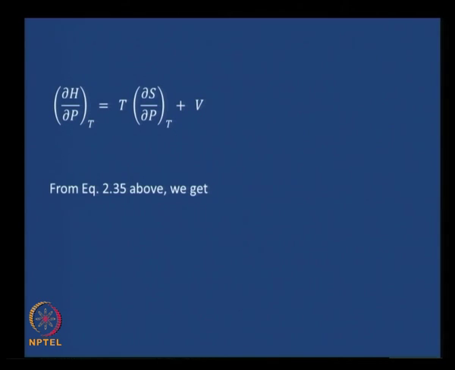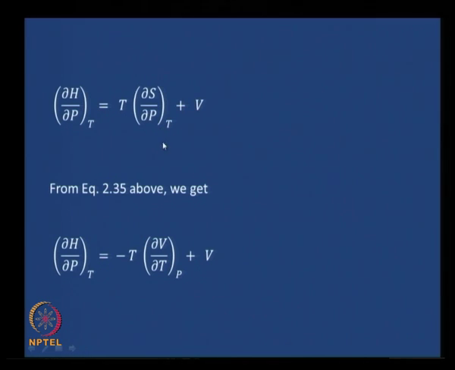If you look at it, it was essentially appropriate manipulation of the mathematical relationships to get whatever we needed. This is still in terms of ∂S/∂P at constant T, and this is not completely in terms of easily measurable variables.